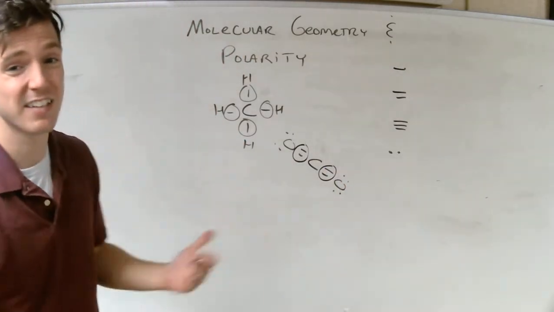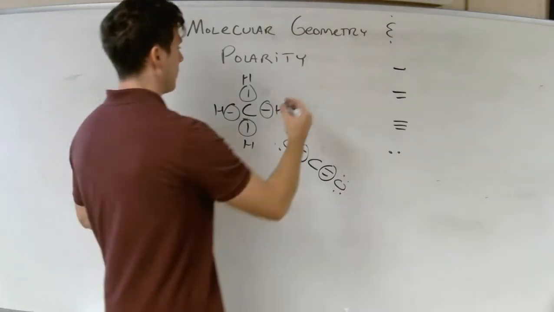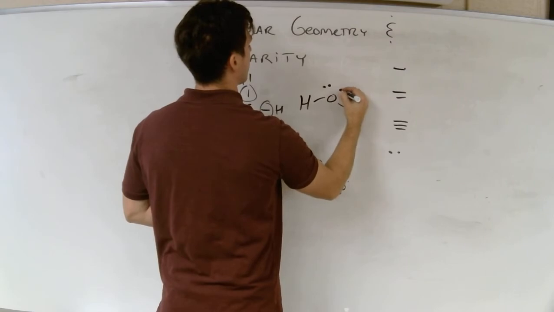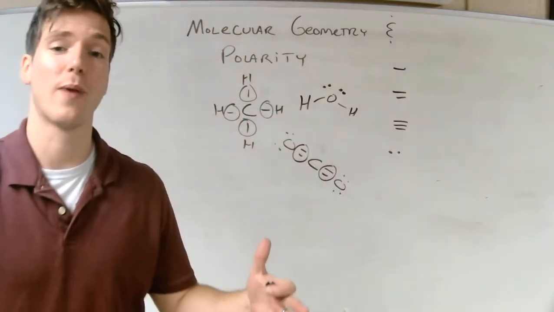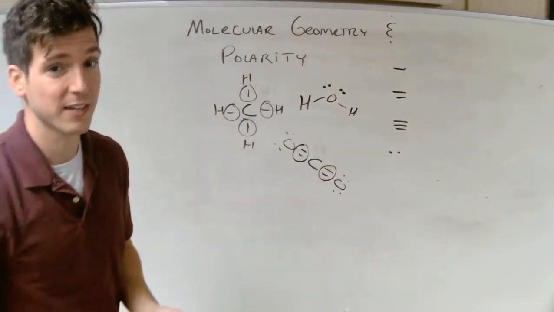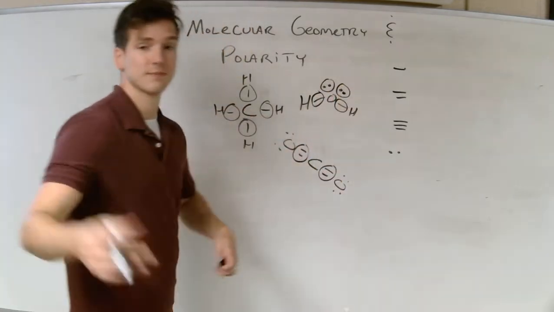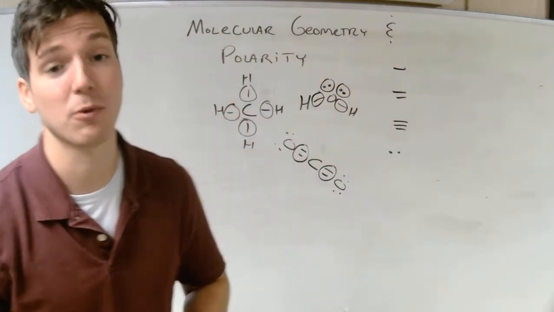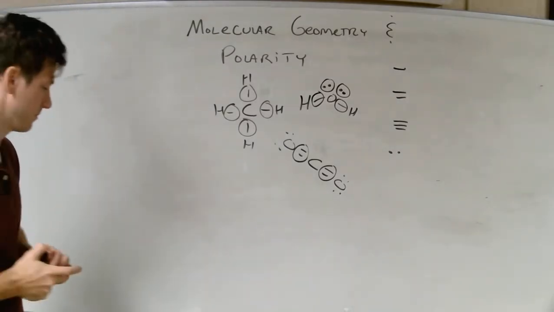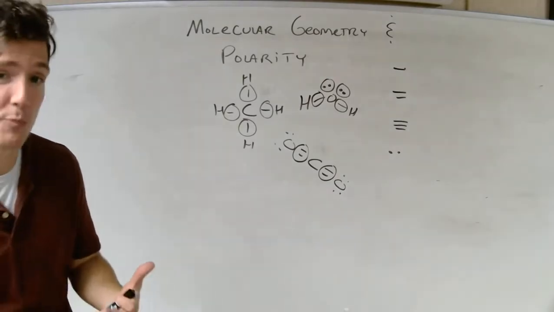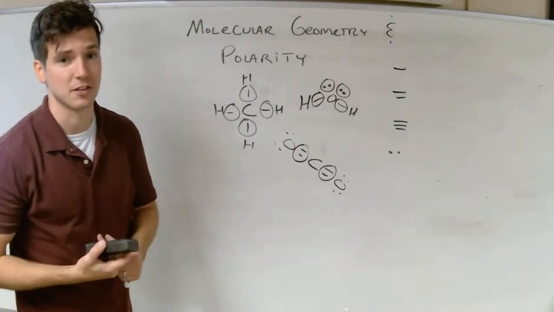Then let's do one more example, something like H2O. How many domains are around that oxygen atom? 1, 2, 3, 4. And that will come in real handy later. So be aware when I say domain what I'm talking about. I'm just talking about groups of electrons around that central atom.